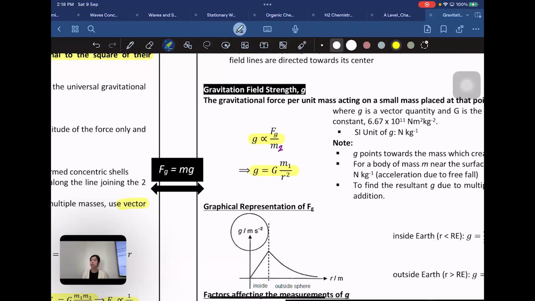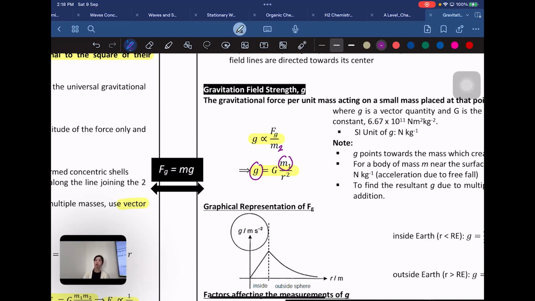Which makes sense because the gravitational field strength of a celestial body has to be related to that body's mass. It's got nothing to do with the test object that you're looking at. You understand?